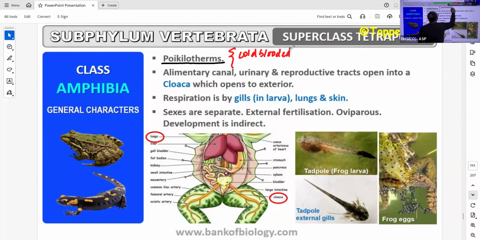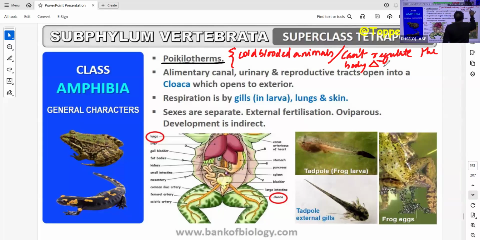Cold-blooded animals cannot regulate the body temperature. Okay. Since they are not able to control or regulate their body temperature, they are referred to as cold-blooded animals.